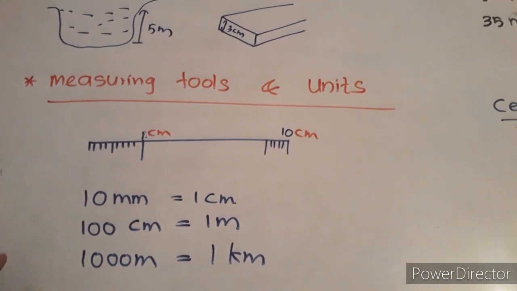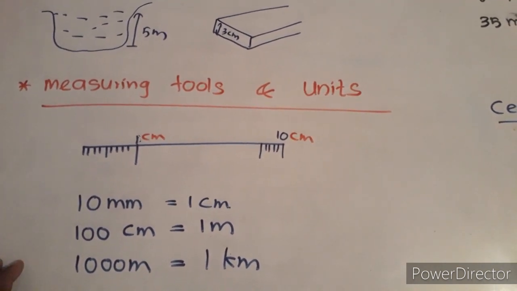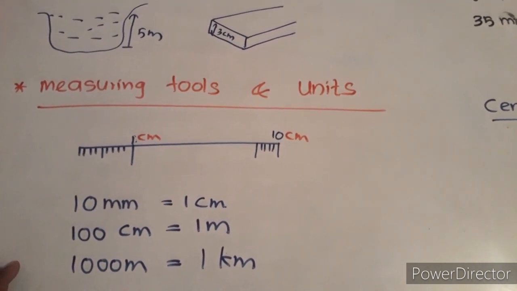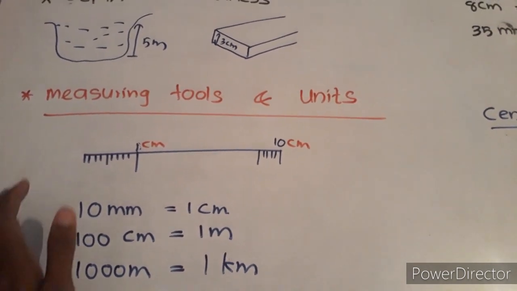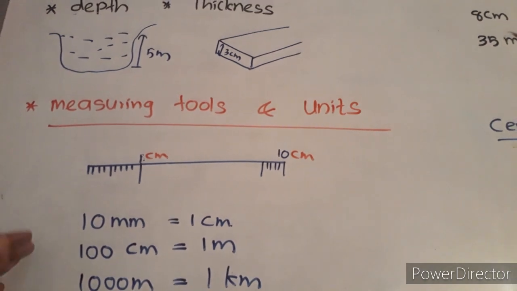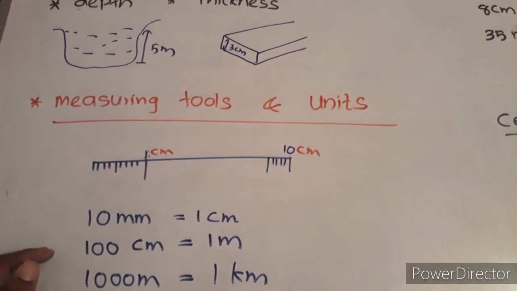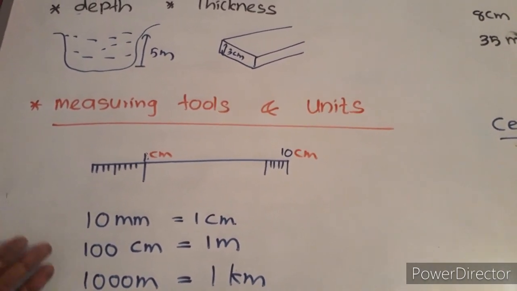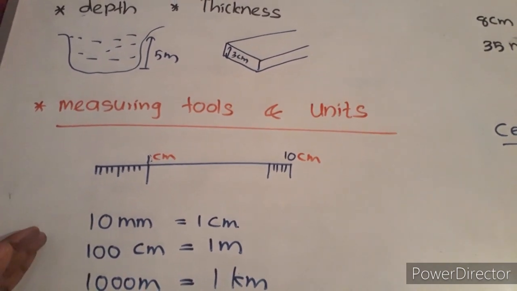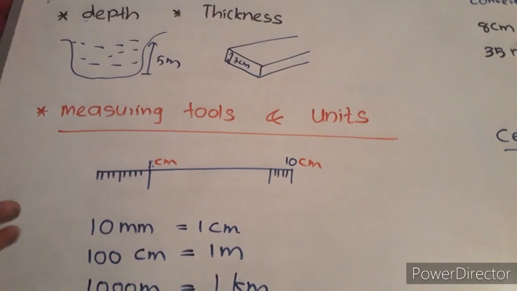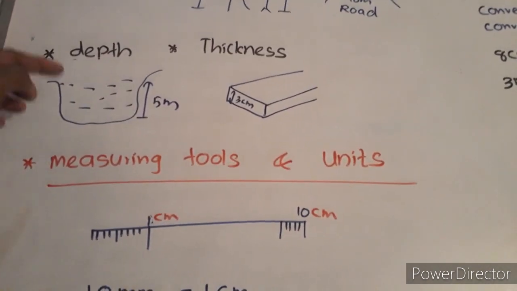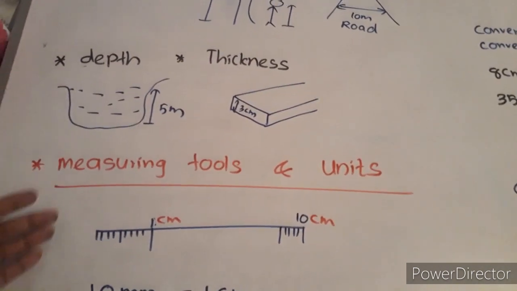So the basic units we are using are centimeters and millimeters. But there are so many measuring tools. We use a ruler for study purposes, but construction firms use bigger tapes for lots of measuring. When they want to measure depth, they use another kind of tools like that.